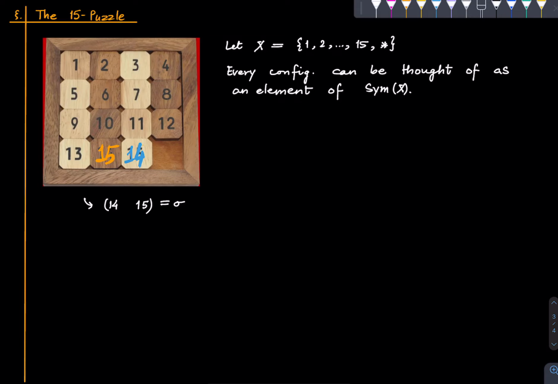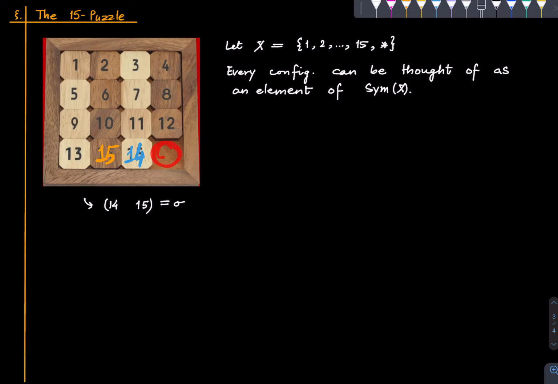Note that if you can at all get to the solved position, to the identity position, by a sequence of moves, you will be executing an even number of moves. That's the crucial observation. Why an even number of moves? Because think of the star, or the blank. The number of times this blank moves horizontally is going to be even, because it is going to come back here in the solved position.